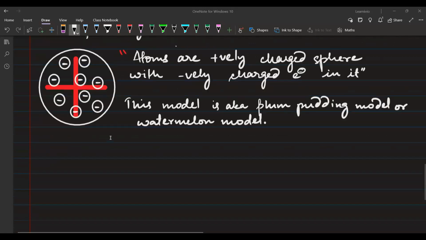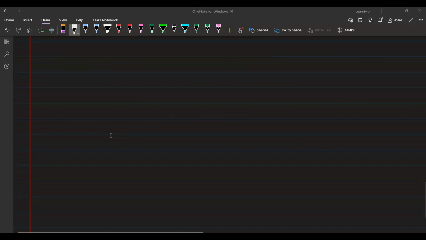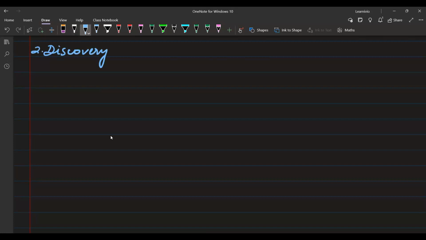So you have also understood, I hope, that the electrons were discovered by J.J. Thomson. Next is the discovery of the proton. Please write this with me. I will not do it after writing down.